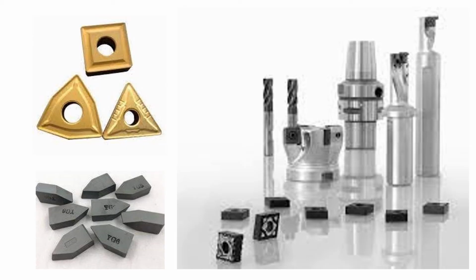Here are some examples of cutting inserts of tungsten carbide. This one is what we call the non-steel grade, where only tungsten carbide and cobalt are used in the work material for the insert.